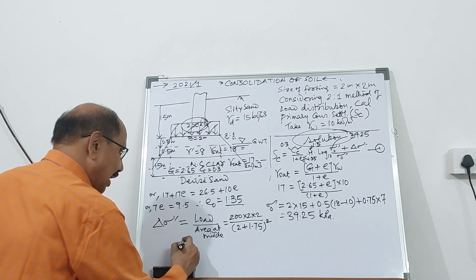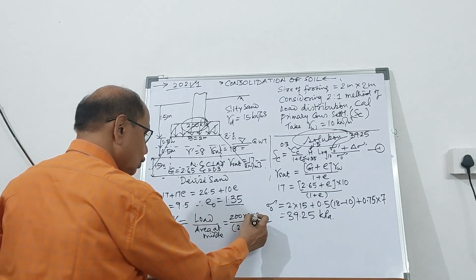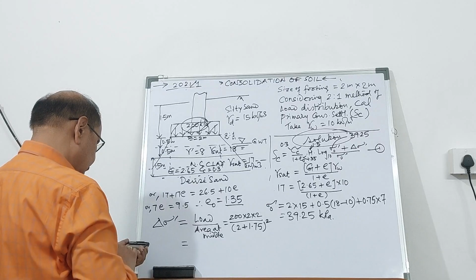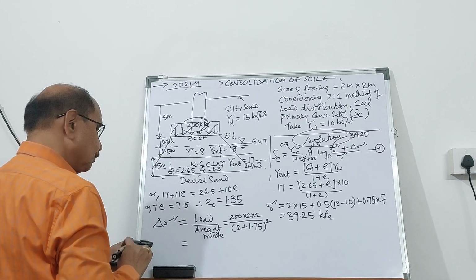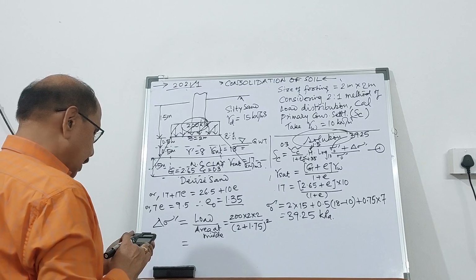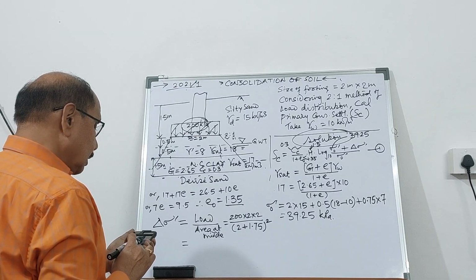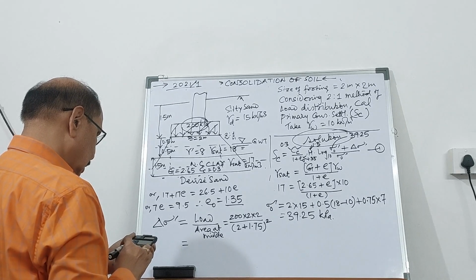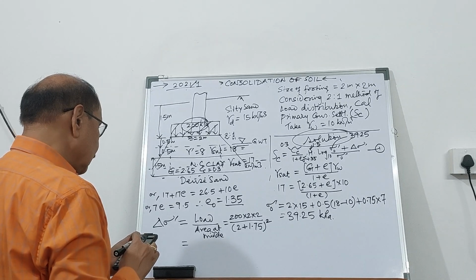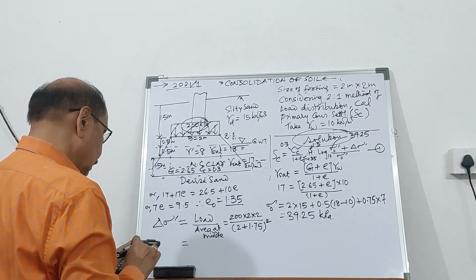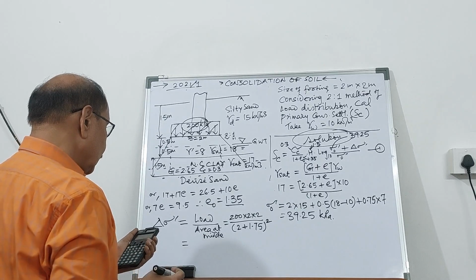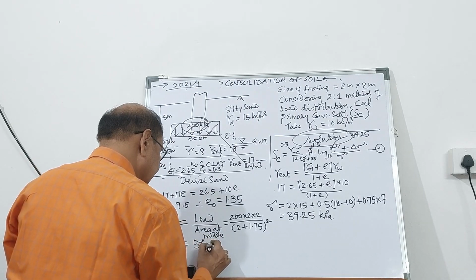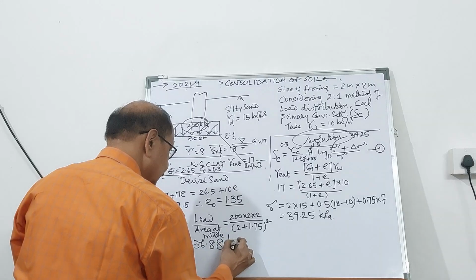So, add 1.75 and for area take the square because it is a square footing. So, delta sigma prime becomes 800 divided by 3.75 squared, so let's calculate. It is 56.88 up to 2 decimal places, kilopascal.